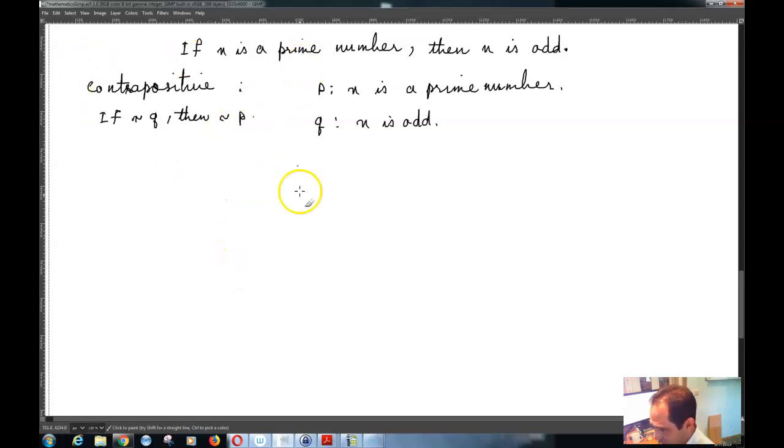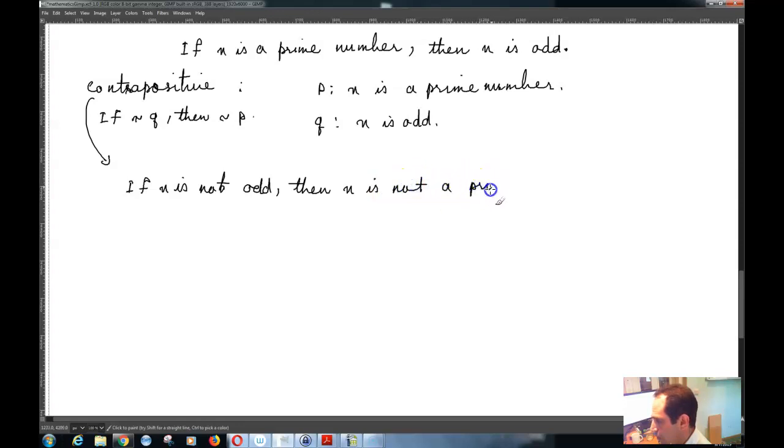That's basically the contrapositive of this. Meaning that if x is not odd, then x is not a prime number. Okay?